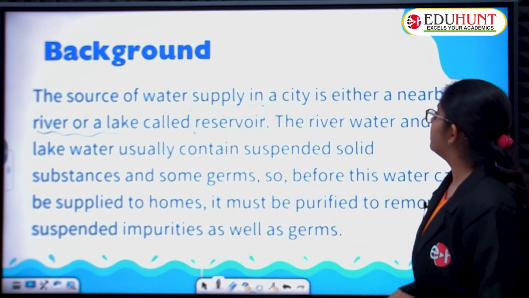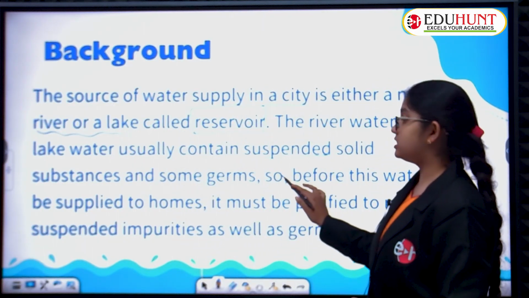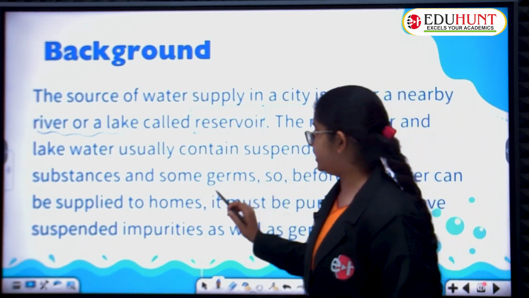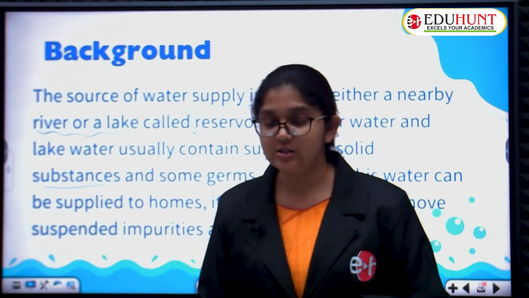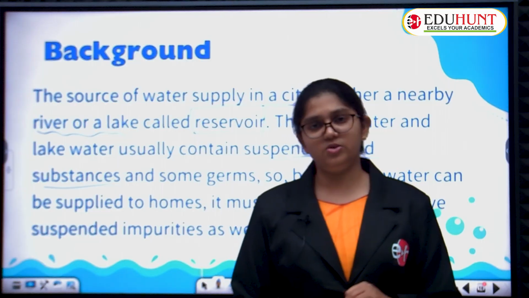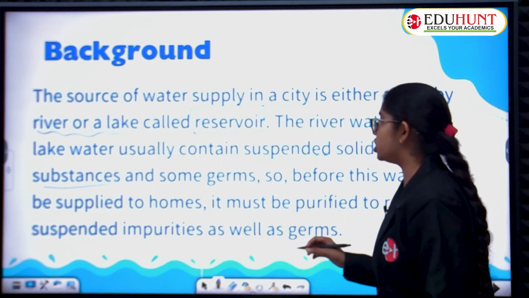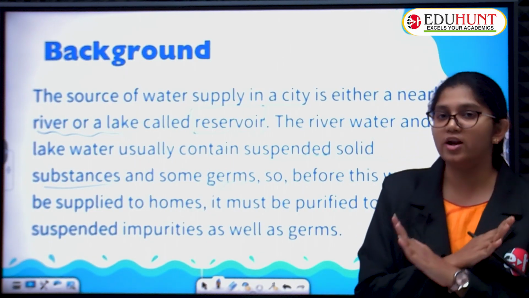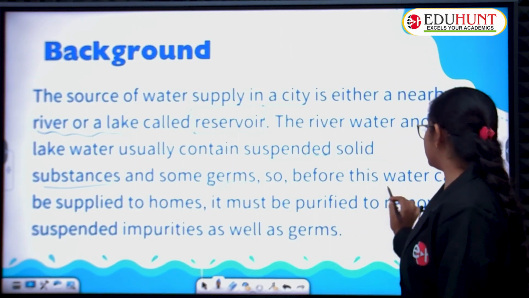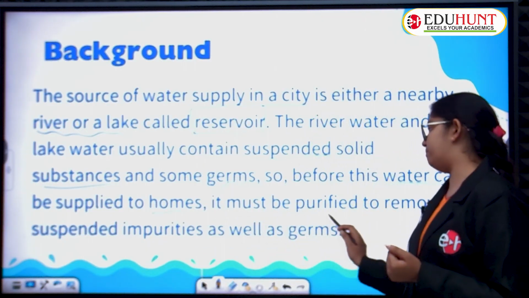The river water and lake water usually contain suspended solid substances. They contain some suspended solid particles which are not safe for drinking, and some germs are also present. Is it safe? No, not at all. So before this water can be supplied to our homes, it must be purified.